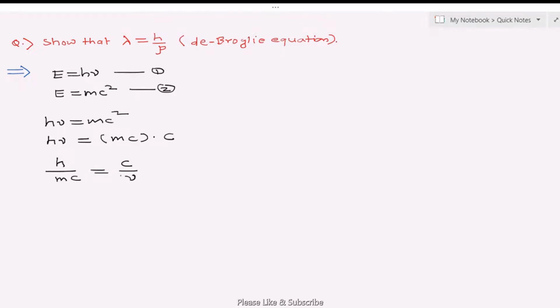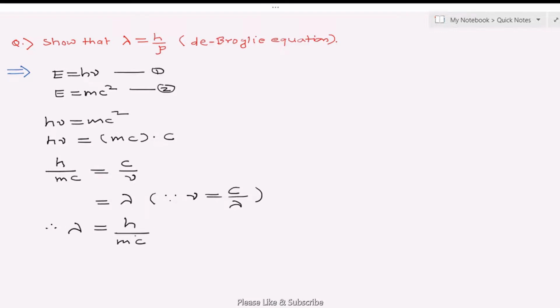So this c upon nu is nothing but a lambda, because nu is equal to c by lambda. So therefore we get lambda is equal to h upon m into c.